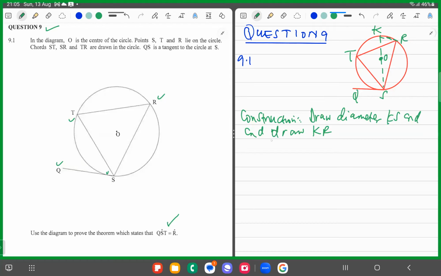At this point, we're in a position to proceed with the proof and say angle QST is equal to 90 degrees minus TSK.